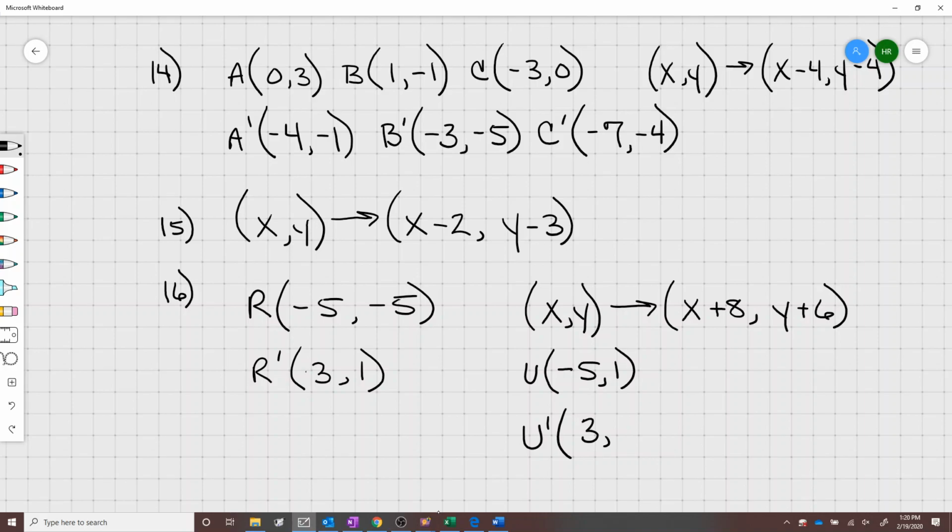You're at 1 and you're going to go up 6. So that puts you at 7. If you read the question, it says the vertices of the rectangle. See where point U is at -5, 1? So then you apply the rule to that point.